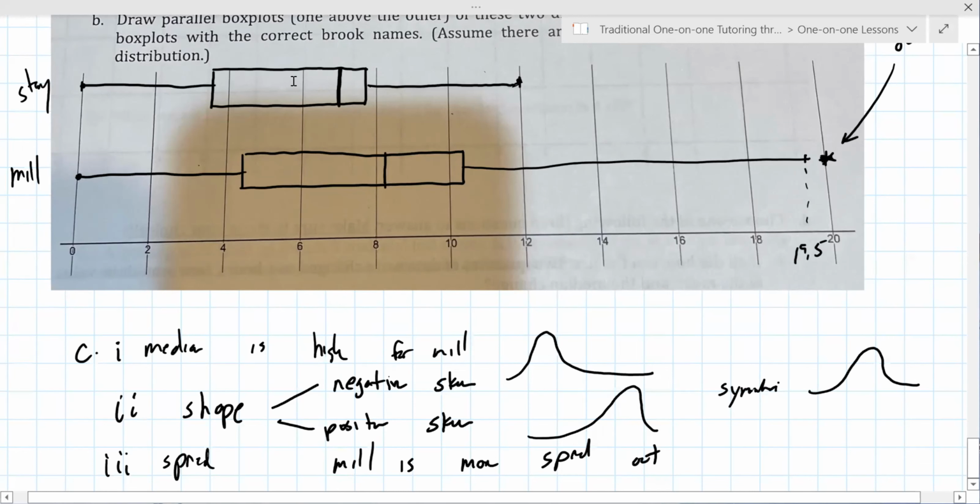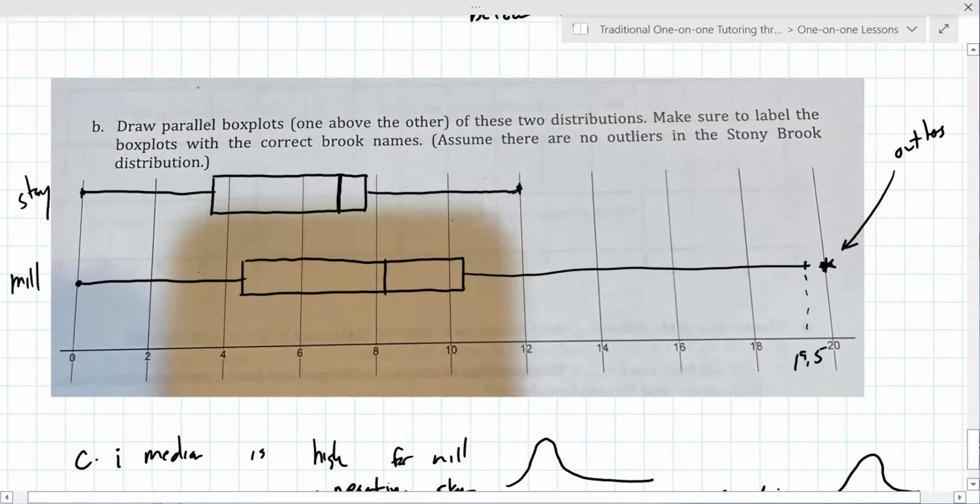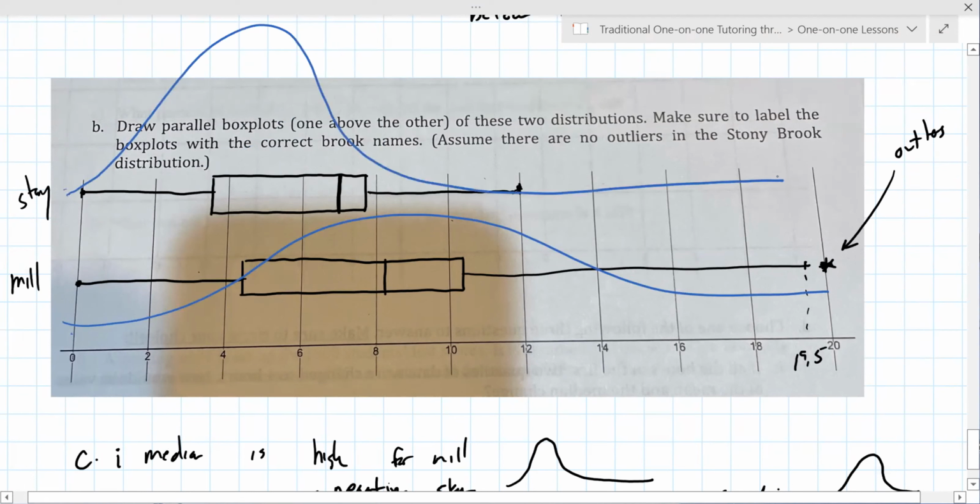So in terms of how to do that here, let me go back to this. I'll use a different color. So for the first one, the idea is that there's kind of a steep run up here. That's not very good. Sorry, that's terrible. The second one's easier to draw. The second one's a little bit more uniform, symmetric. The first one is a little bit higher and then it falls off.